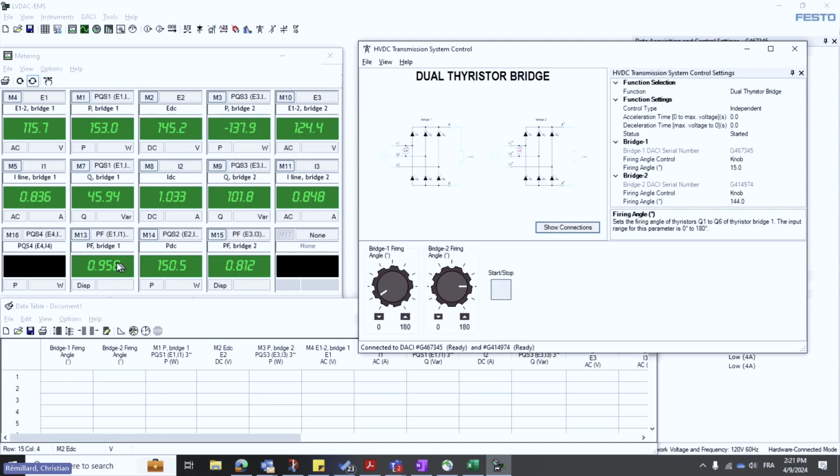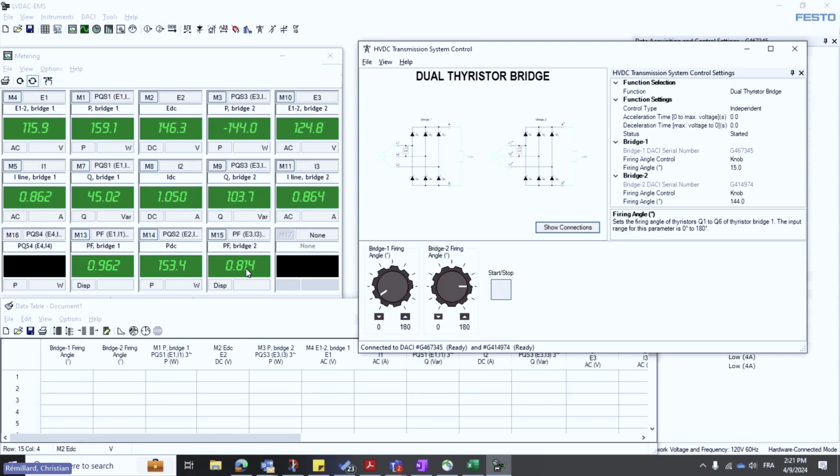good, above 0.95. On the other side, we are receiving 138 watts of active power, so some losses in the transmission line, of course. A lot of VARs, also 100 VARs on this side, which gives us a displacement power factor of 0.81, which is not good.